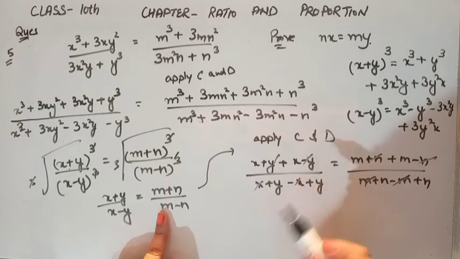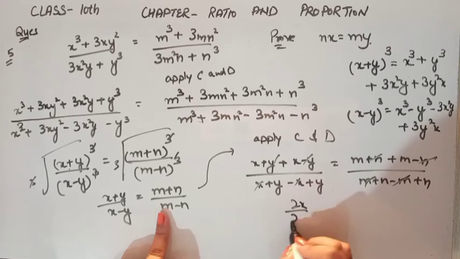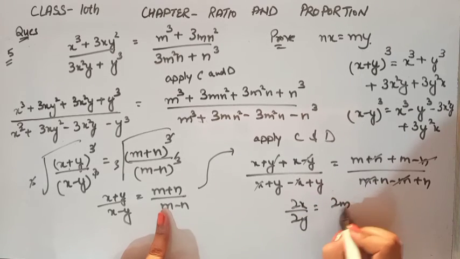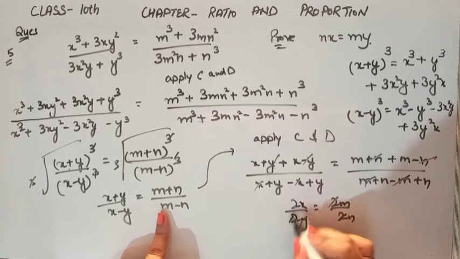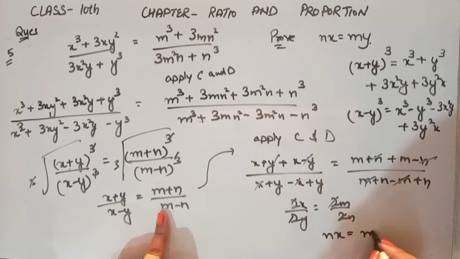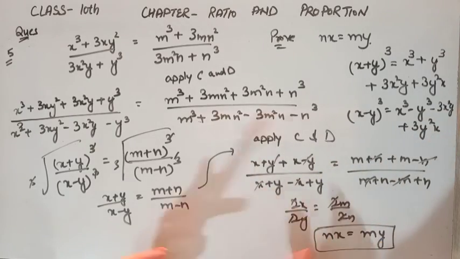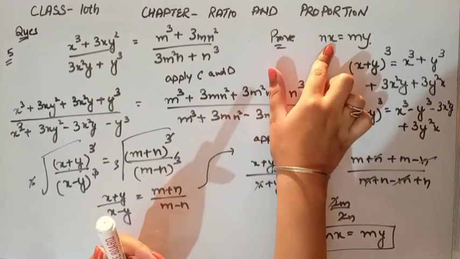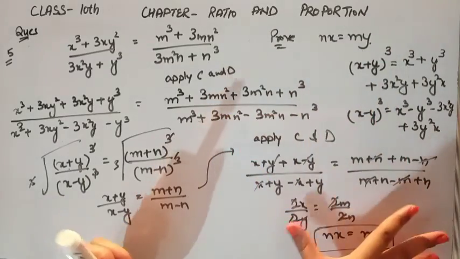Now cancel, and it forms 2x upon 2y is equal to 2m upon 2n. When we cross multiply, we get nx is equal to my. And this was the equation which we had to prove. So we get the required answer.